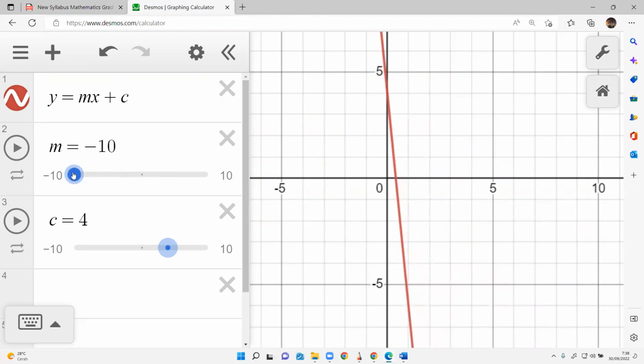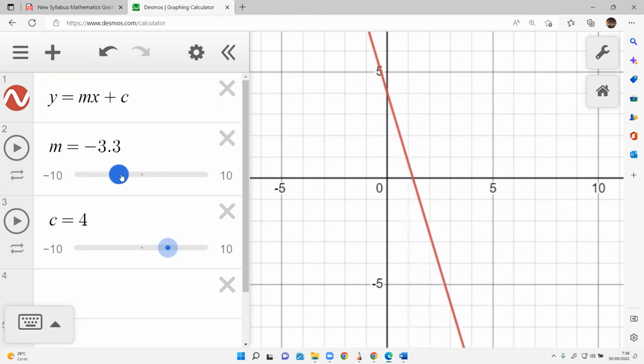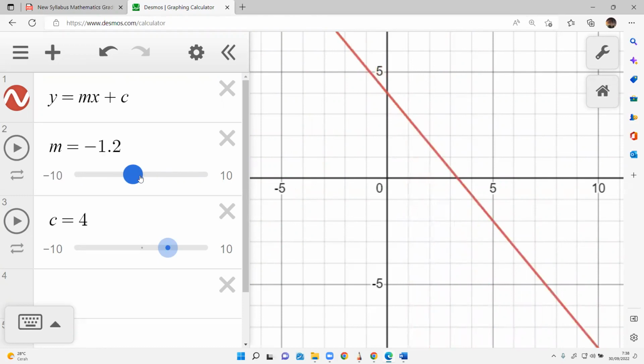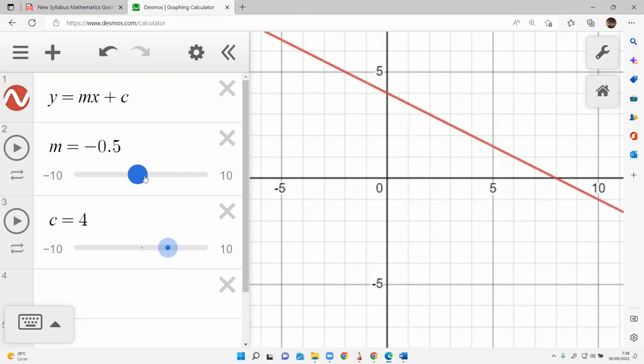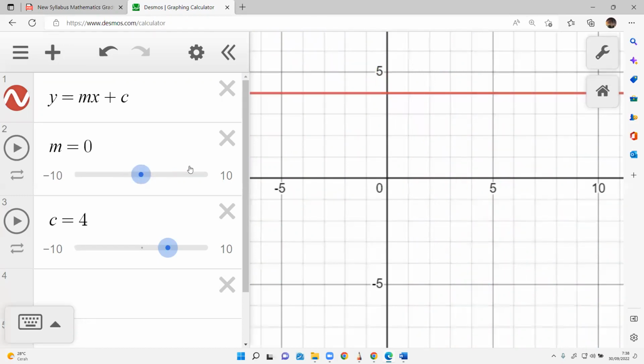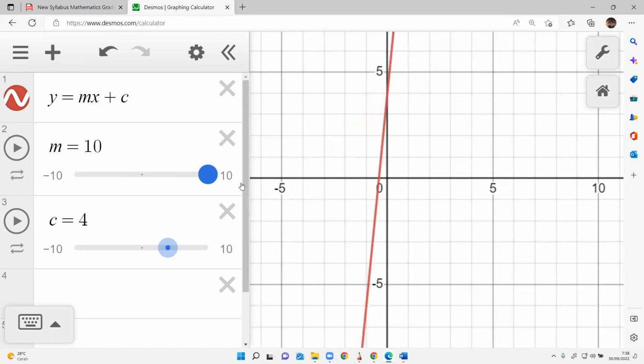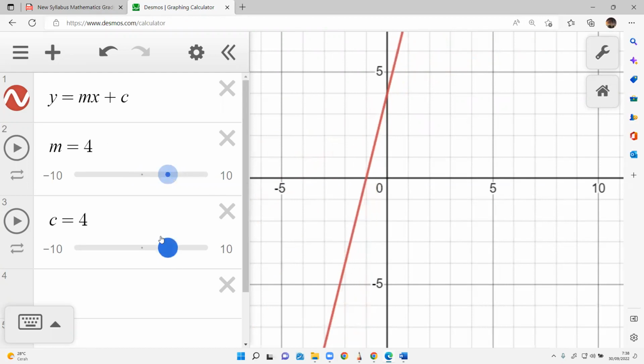Understand, guys? And then what happens if it is 0? That's it, horizontal. See? If I increase positive, going upright and going upright, steeper and steeper. Okay, what is c then?